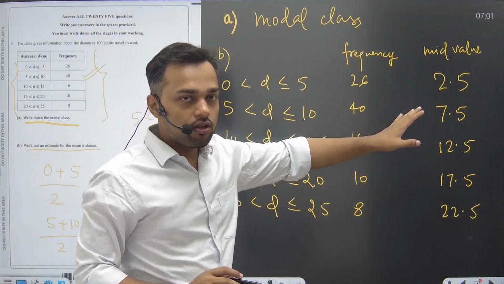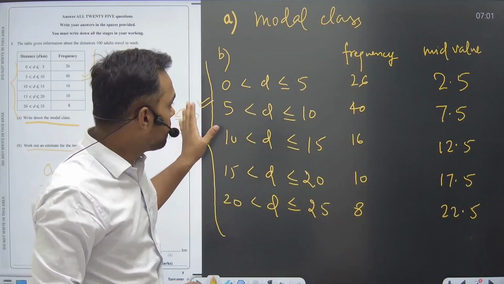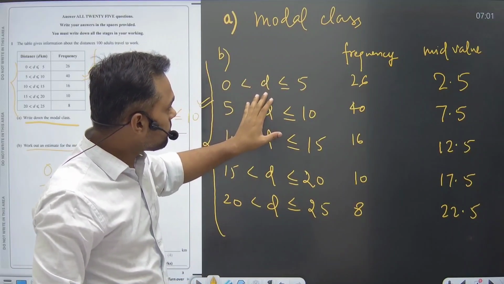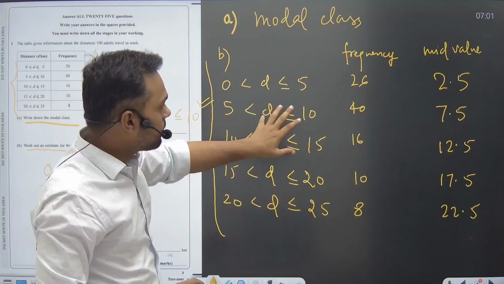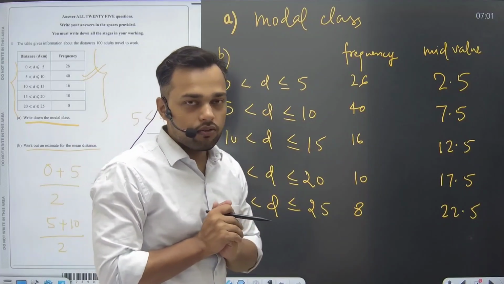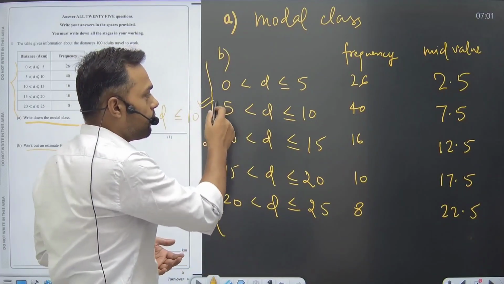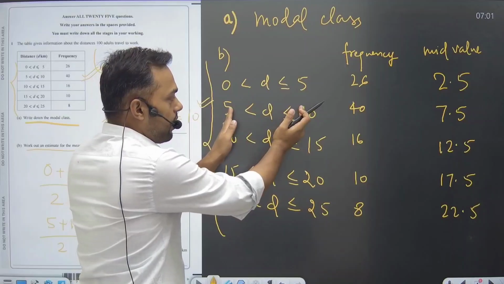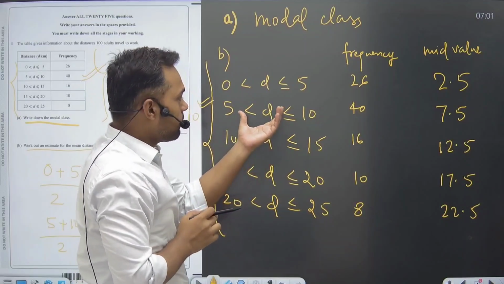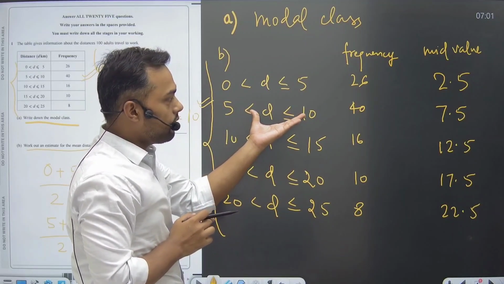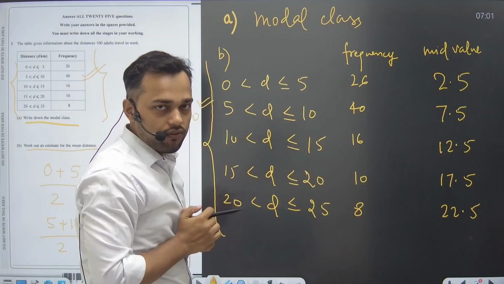I'll tell you the trick also. If you don't want to find the average here, you just need to take the first mid value and add it to the lowest mark of that particular class. For example, 5 and 10 are there, and their average is 7.5.